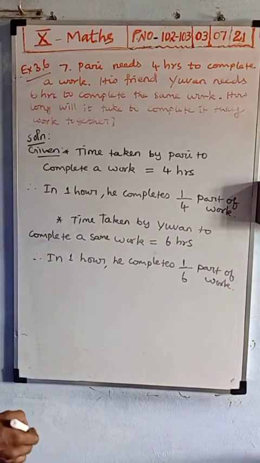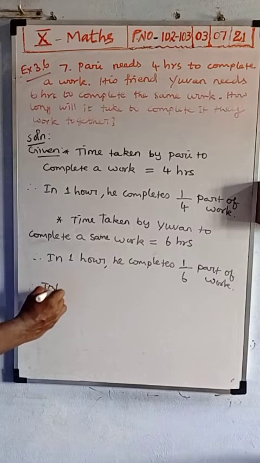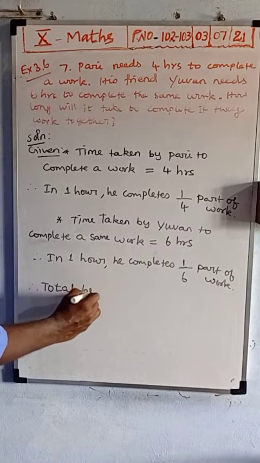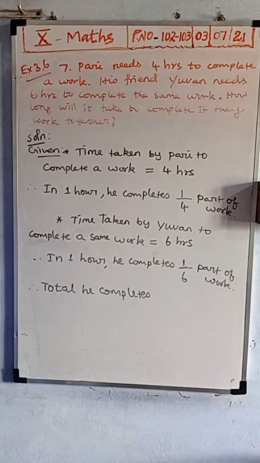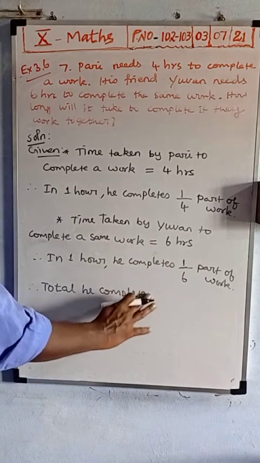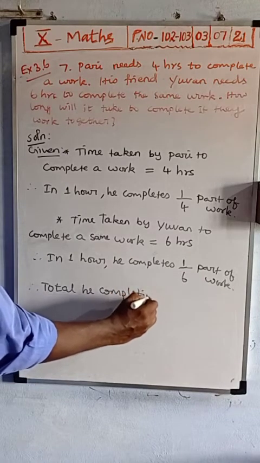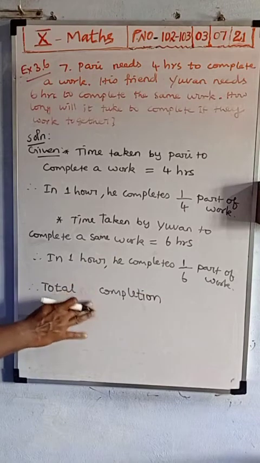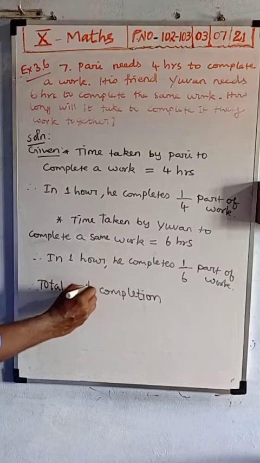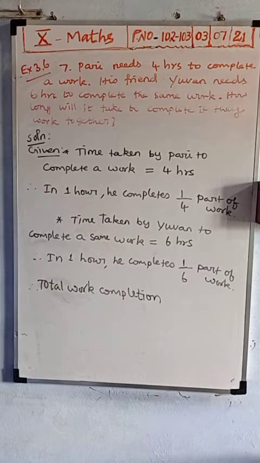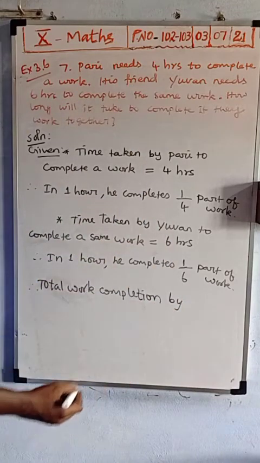Then next, suppose both join and do the work, so the total work completion by both in 1 hour.